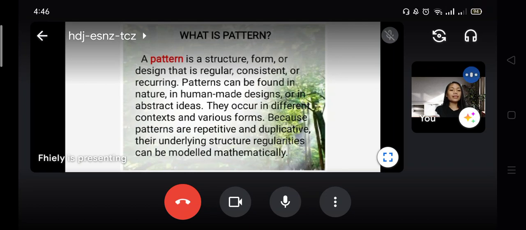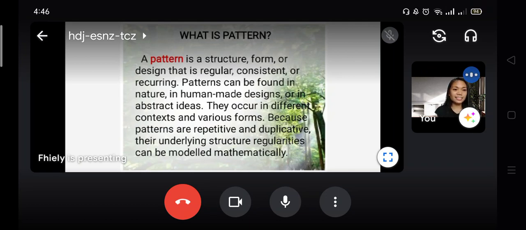They occur in different contexts and various forms. Because patterns are repetitive and duplicative, their underlying structures and regularities can be modeled mathematically. So we can say, class, that even pattern belongs to mathematics.